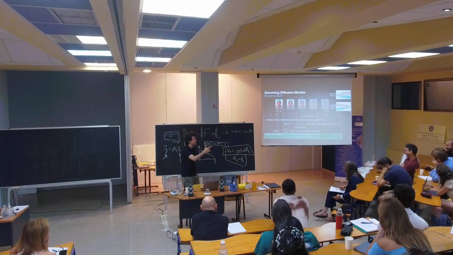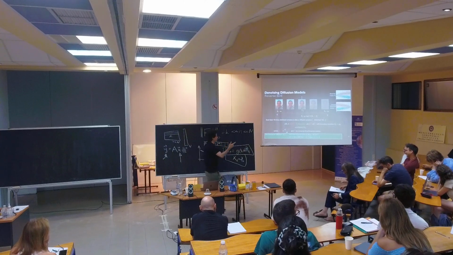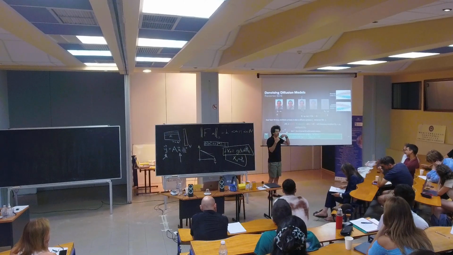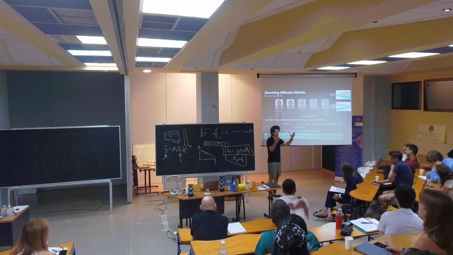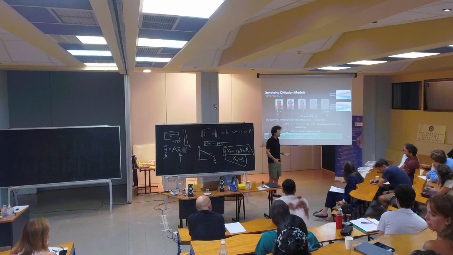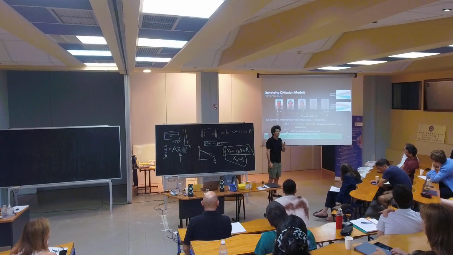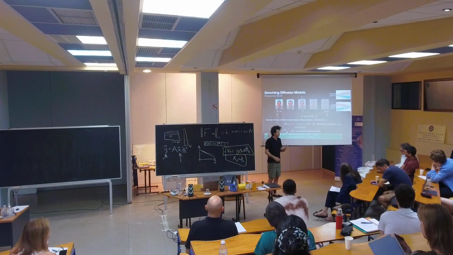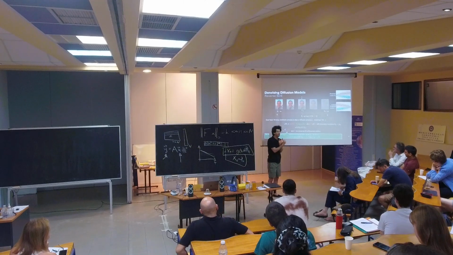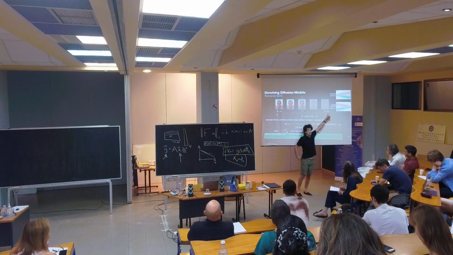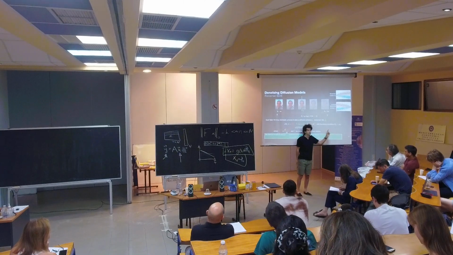The other thing that I'm going to do is estimate the score function. I'm going to make some errors, so there's going to be some error in estimating the score function. And finally, I'm not going to run the continuous reverse SDE. I'm going to do it discretized. So there are three sources of error coming into the picture. One, I don't have access to PT, so I'm going to replace it with a Gaussian.